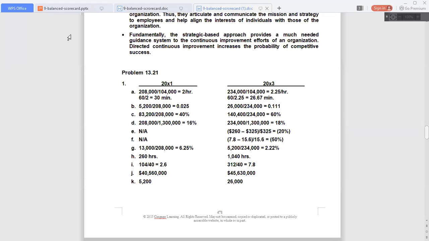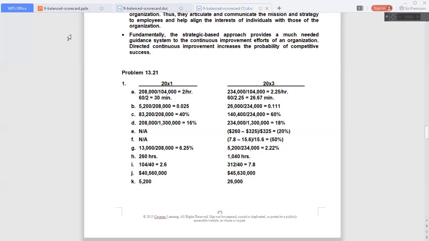Now, again, take note of letter C, the requirement percentage of very satisfied customers. Assume each customer purchases 1 unit. So the computation in letter C, we have 83,200 very satisfied customers. We divide by 208,000, and 140,000 divided by 234,000.